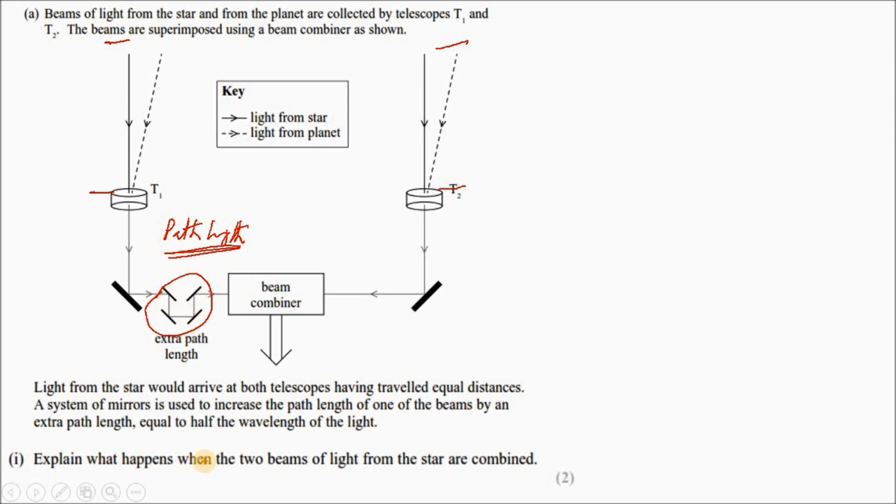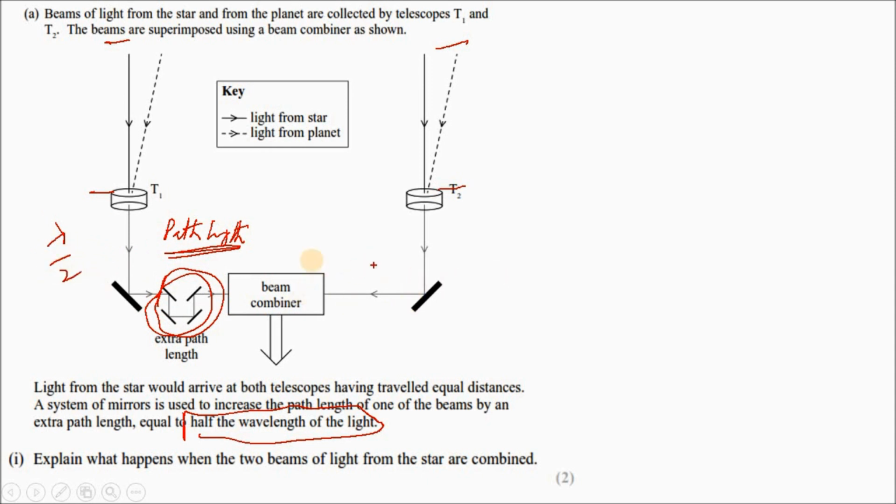Okay, so explain what happens when the two beams of light from the star are combined. Clearly, when the light reaches the combiner and they are combined here, there will be a path difference equal to half of the wavelength, because this system always produces a path difference of half of the wavelength, lambda by 2.